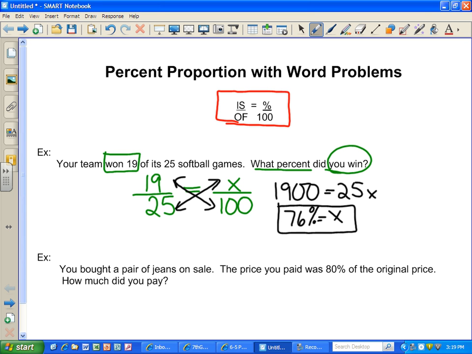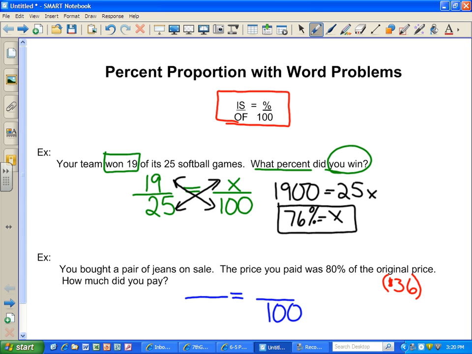Okay, let's look at the next problem. You bought a pair of jeans on sale. The price you paid was 80% of the original price, which we're going to say is $36. So how much did you pay? Right away, set up your proportion. Again, the easiest thing to fill in is the percentage.